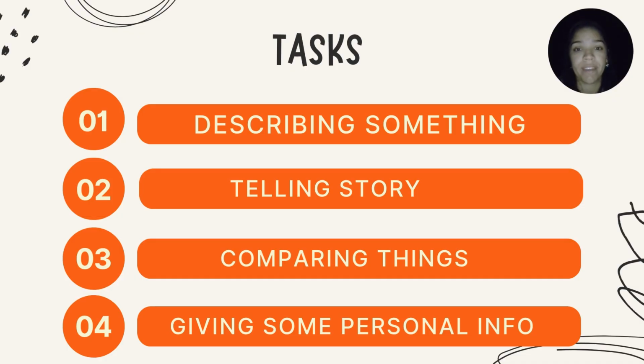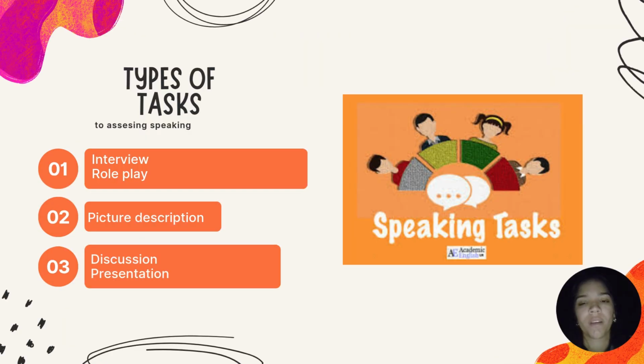Comparing things, so students may compare real objects, pictures, photos, works of art, or even abstract ideas. And the last common one is giving personal information, which involves talking about familiar topics such as family, hobbies, hometown, or past experiences like a trip or a holiday.